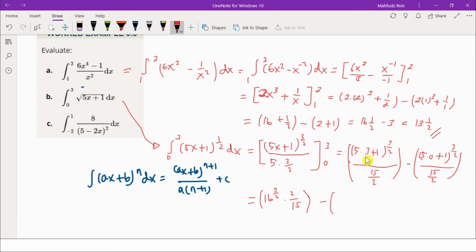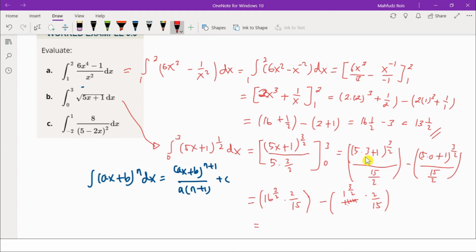Minus, 5 times 0 is 0, so 1 to the 3 over 2, times 2 over 15. Now, how to simplify it? 16 to the 3 over 2.